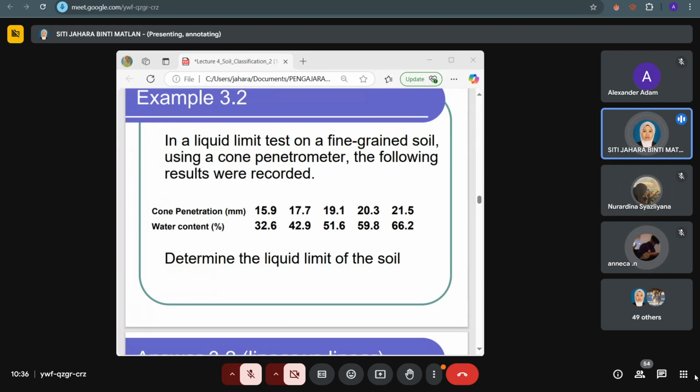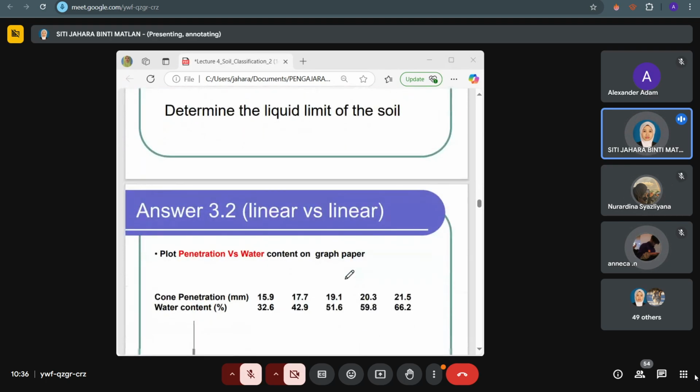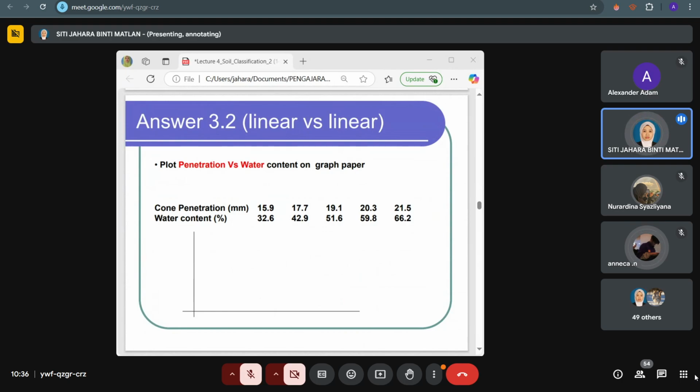The solution approach is we need to plot a graph of water content versus cone penetration, using linear versus linear or semi-log scale as mentioned in the previous slide. And then from the graph we obtain the water content at 20 mm penetration to determine the liquid limit.